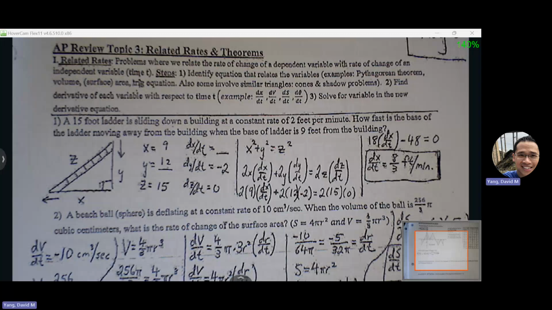Number 3 is a cone problem. So with cone problems, we know we have to set up a similar triangle relationship because we want to find that connection between radius and height so that we can write our volume equation in terms of either r or h.